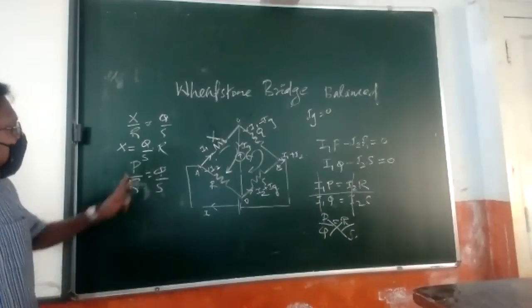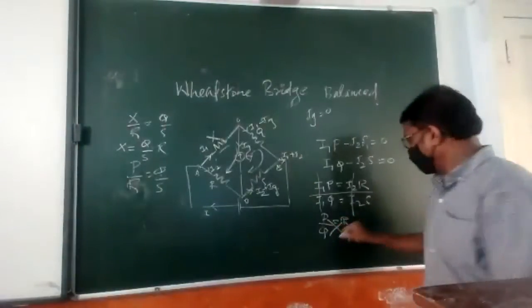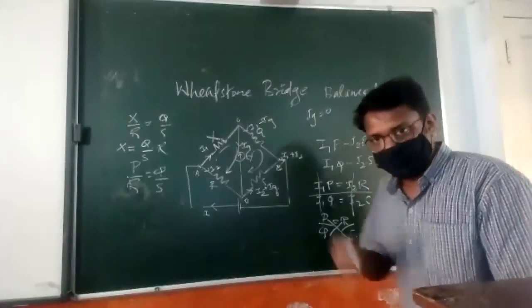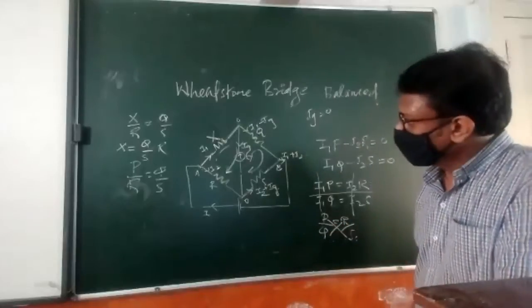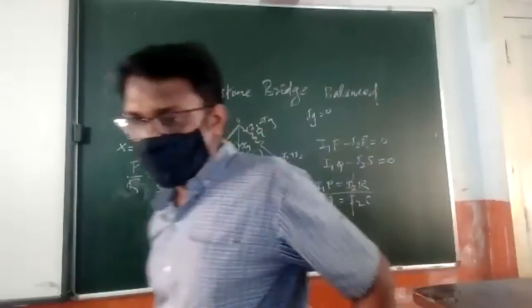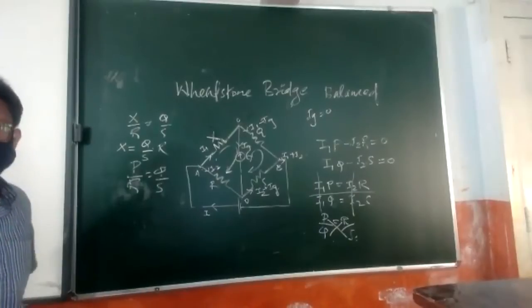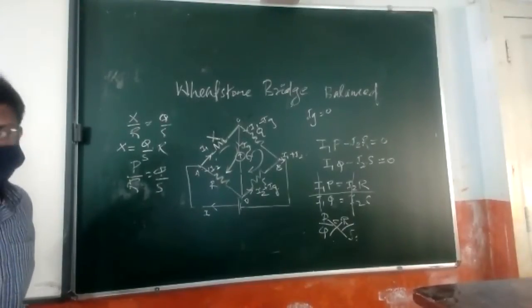Then, by taking the ratio, P by Q is equal to R by S. Then P by R is equal to Q by S.